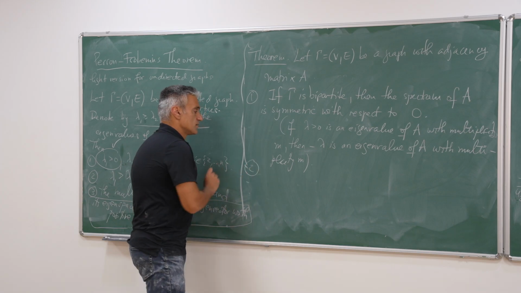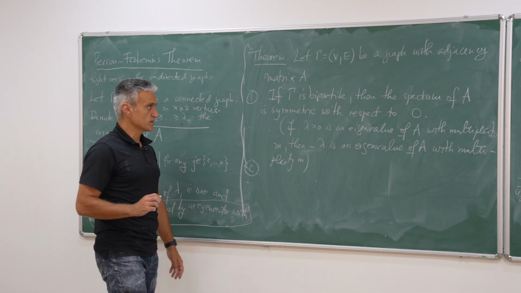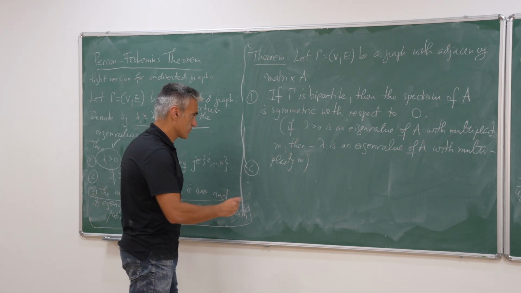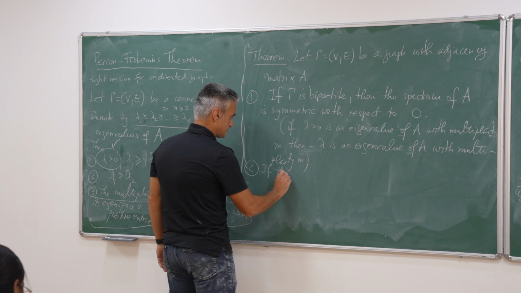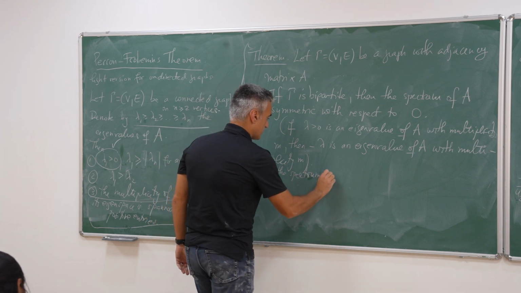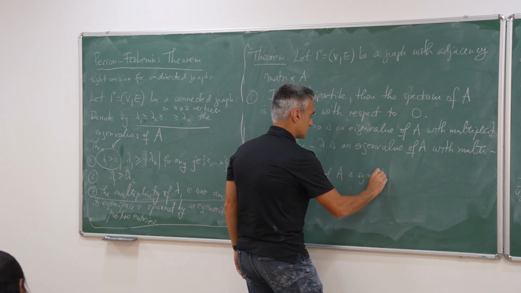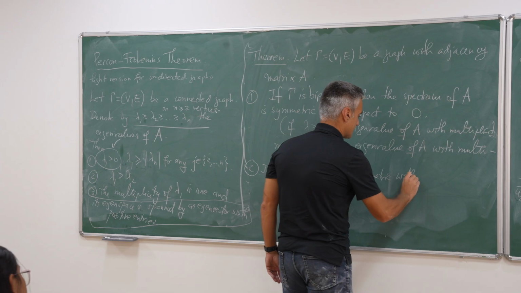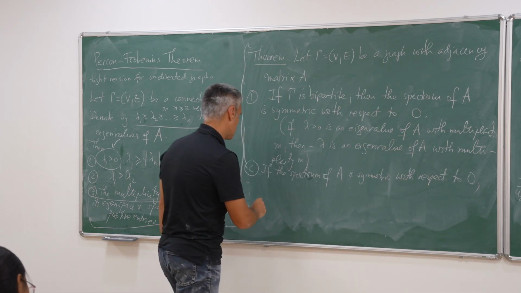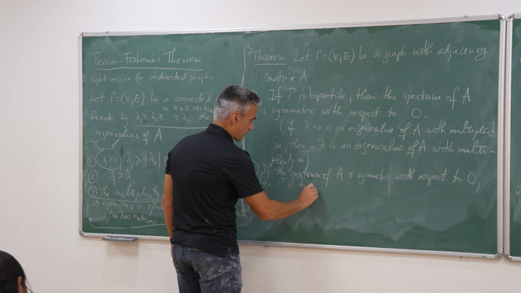Now, there are two converses to this theorem. The first one is just the converse, the other way around. If the spectrum of A is symmetric with respect to 0, then gamma is bipartite.